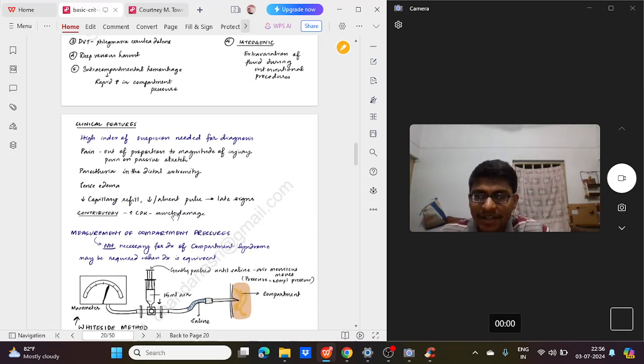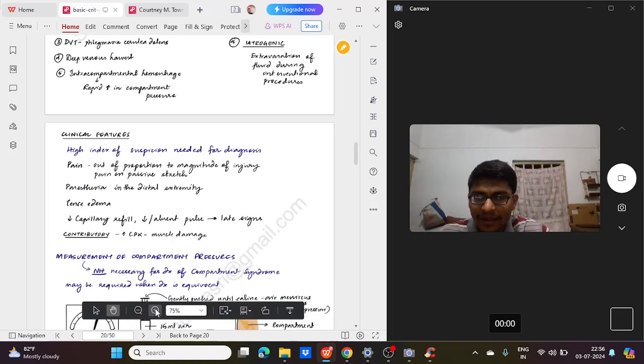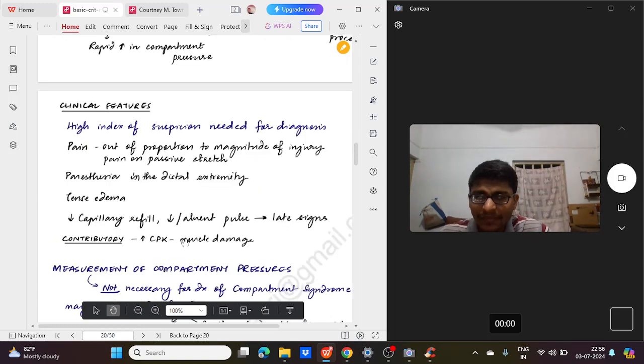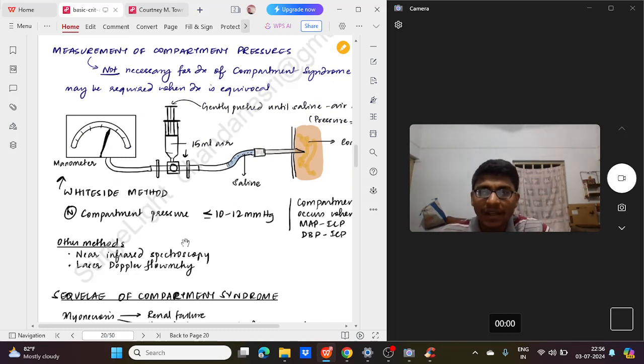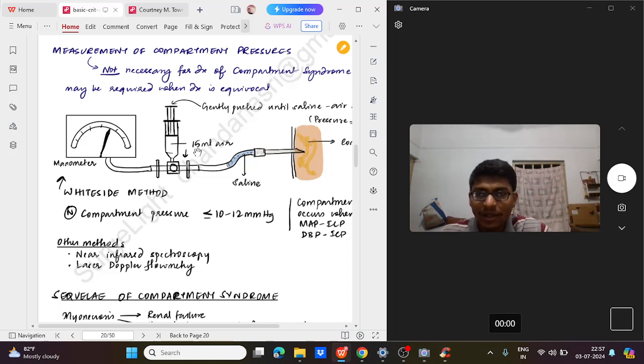How do we measure these pressures? To confirm, most of the times these are not necessary, but these have value when the clinical findings are not very suggestive, or when the patient is not of sound mind. In such cases, or if the patient is not conscious, these will be helpful.